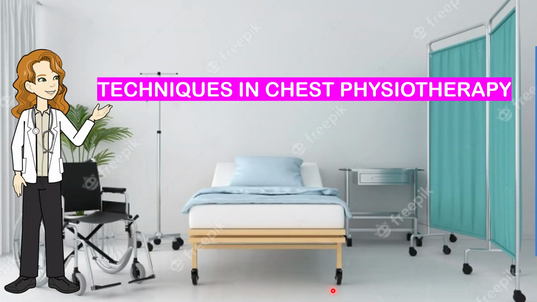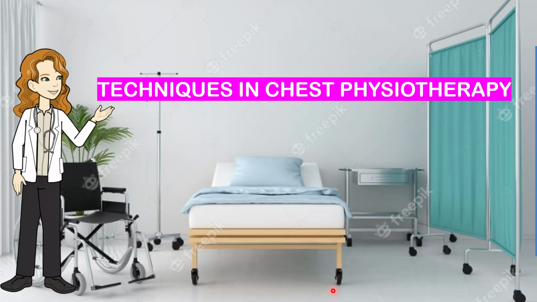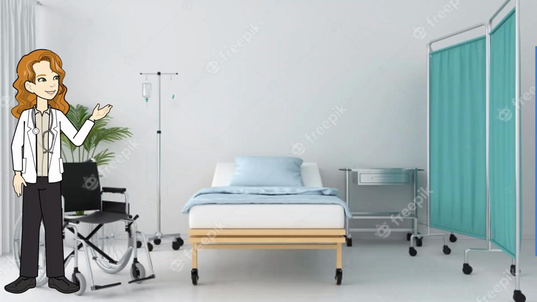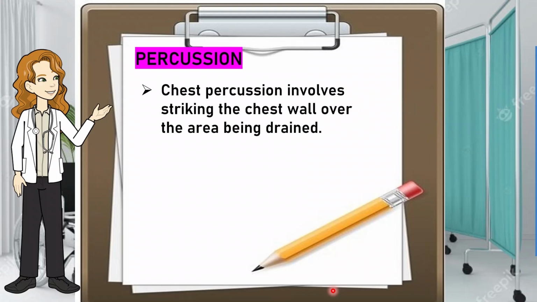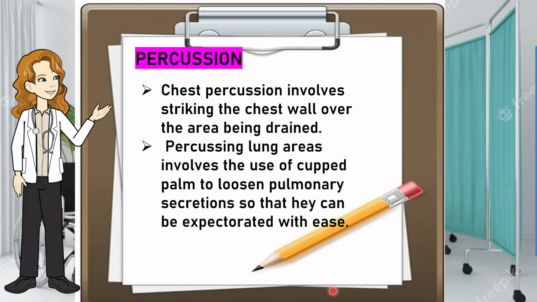So let us now proceed to the techniques in doing the chest physiotherapy. So here we have percussion as your first technique. It's a chest percussion that involves striking the chest wall over the area being drained.